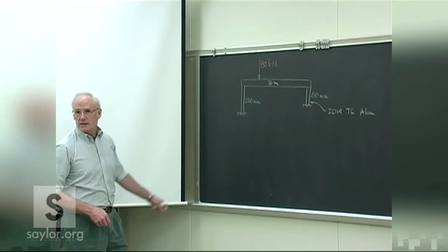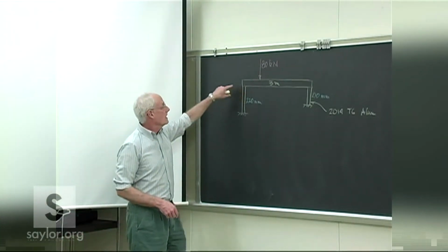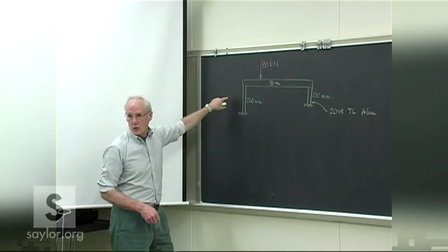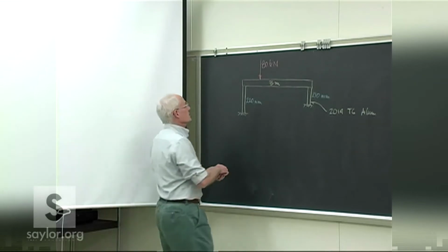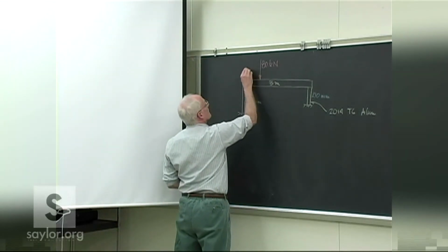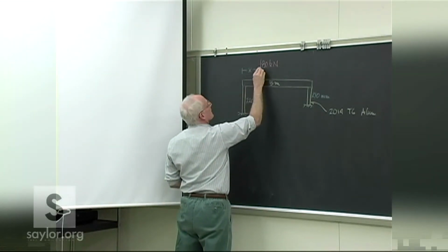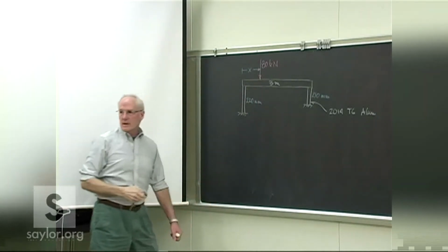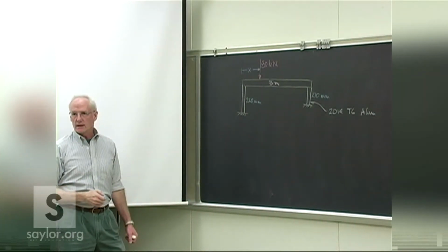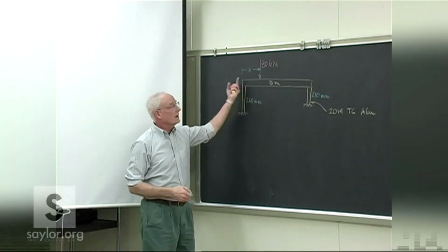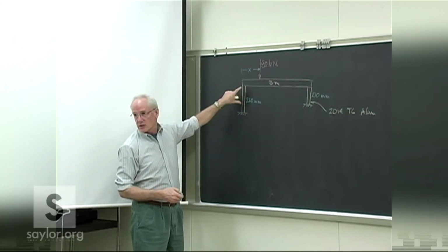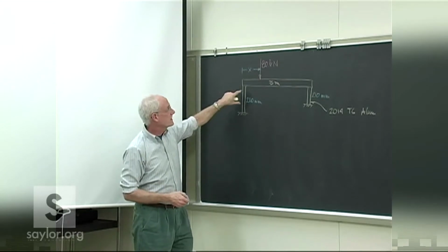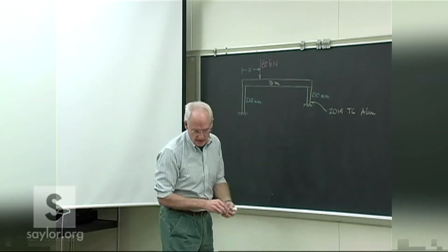The design criteria is that under this load, the beam must remain horizontal, which means it must be placed carefully at the right location. If it's too far to the left, then this support will compress too much, won't be horizontal, and vice versa if it goes to the other side.